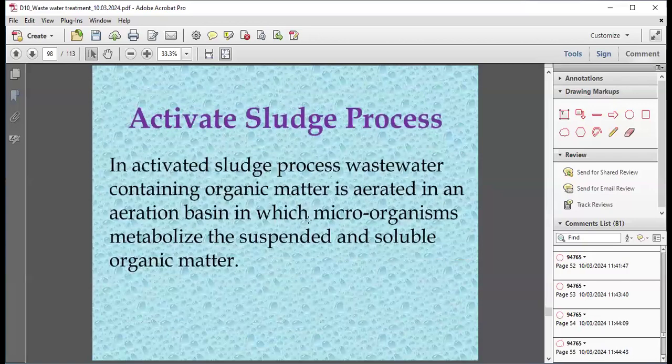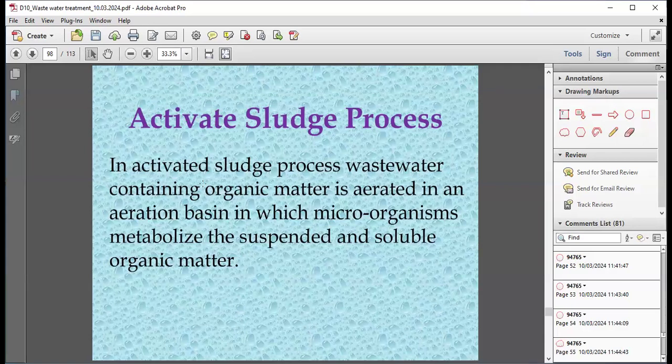The activated sludge process is an important thing. In the activated sludge process, wastewater containing organic matter is aerated in an aeration basin in which microorganisms metabolize the suspended and soluble organic matter.